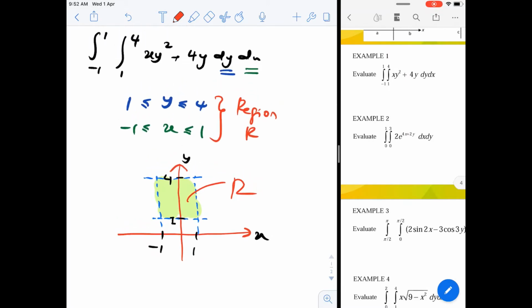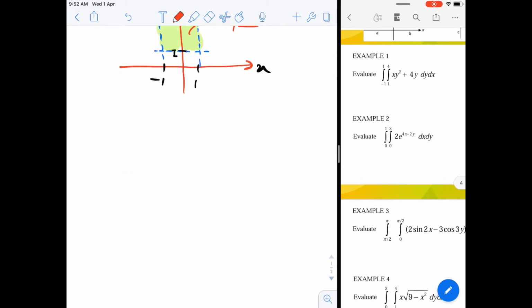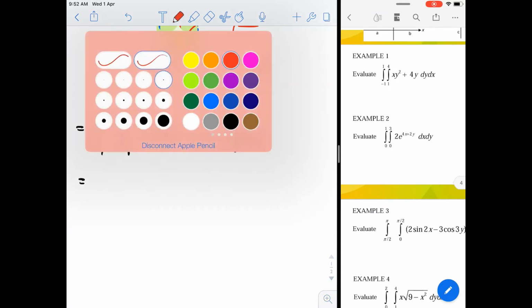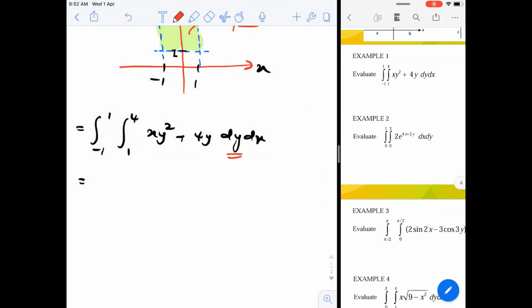Okay. So let us solve this question. Negative 1 until 1. Okay, so I rewrite again the equation here. xy squared plus 4y dy dx. Okay, so first of all, we need to integrate with respect to y. So in this case, x becomes the constant.